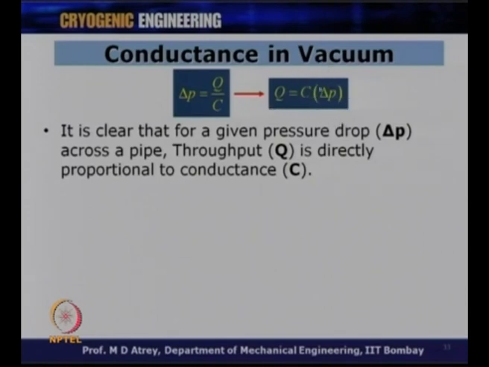If my delta P is given, Q will vary in accordance with the variation in C directly. They are directly related to each other. So, if I want more and more Q, I should increase the conductance of that particular pipe.